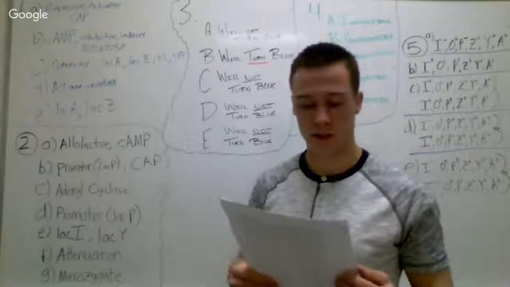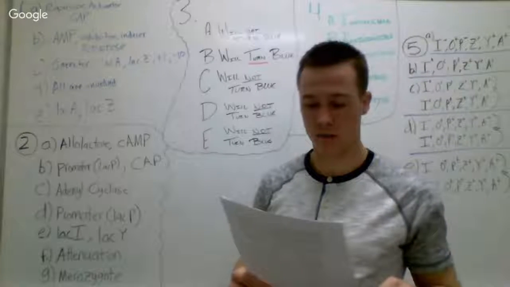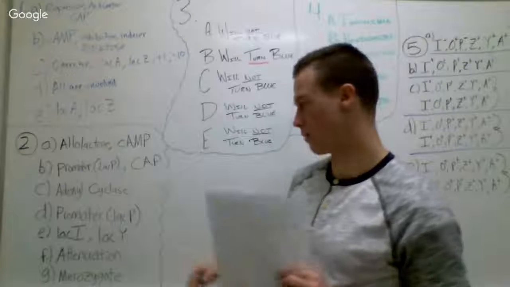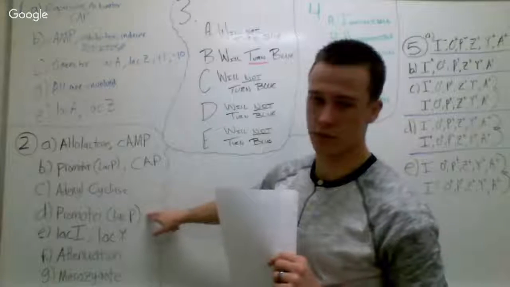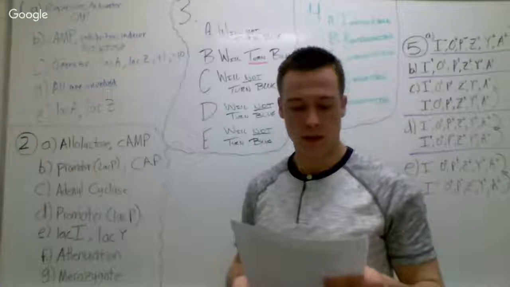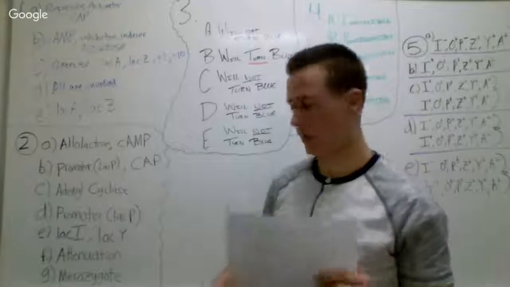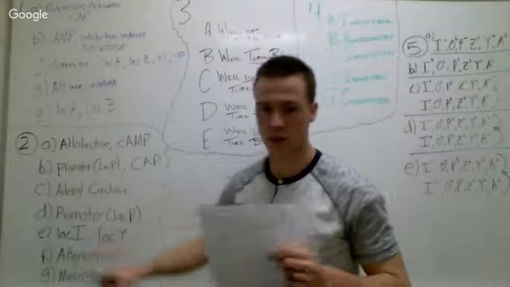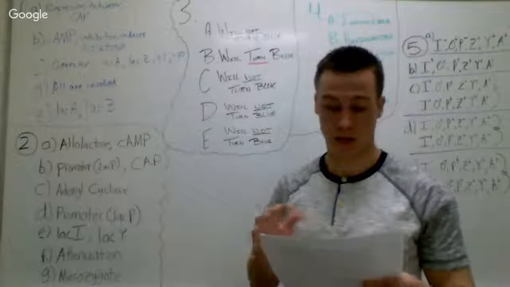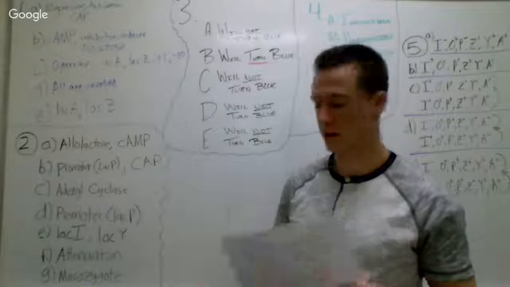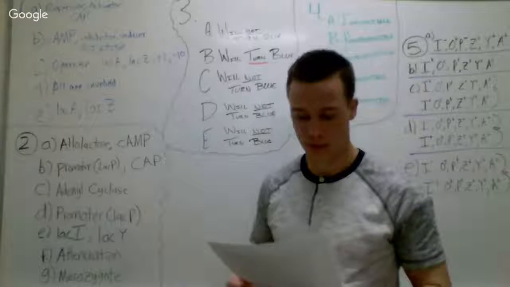And then letter D talks about the -35, -10, and +1 sequences, which are found within the lac promoter, again LACP. E says the blank gene encodes the lac repressor, and that's the LAC-I gene. And the blank gene encodes the lactose permease, and that is the LAC-Y gene.